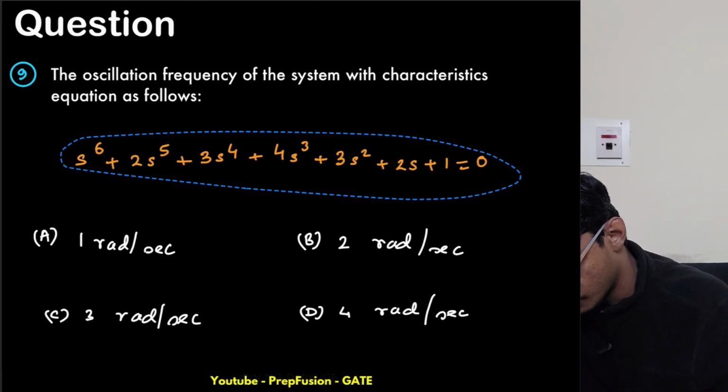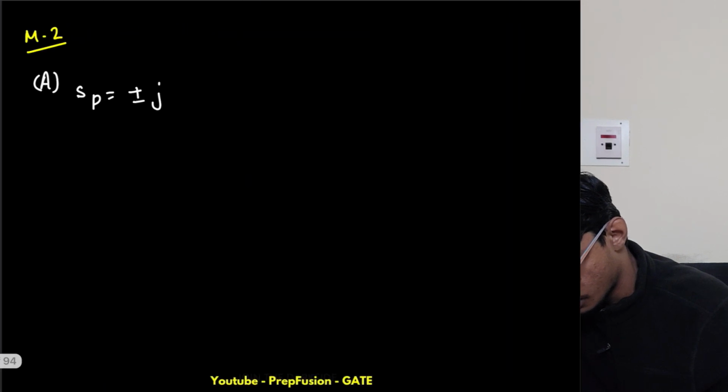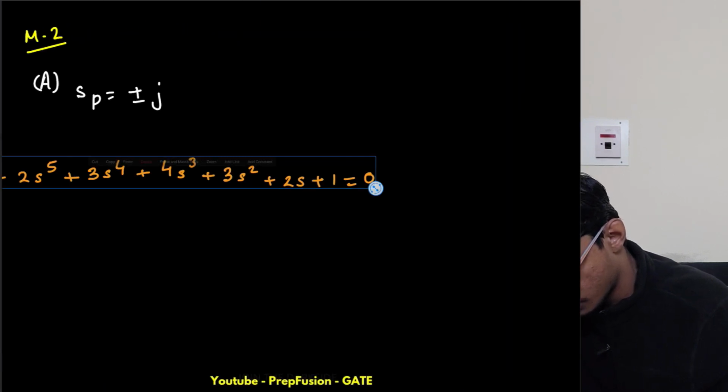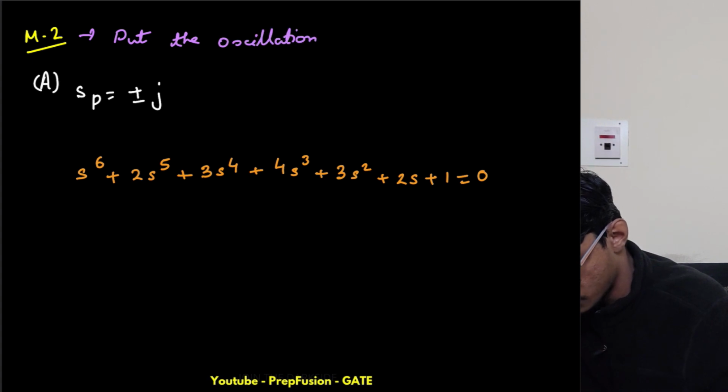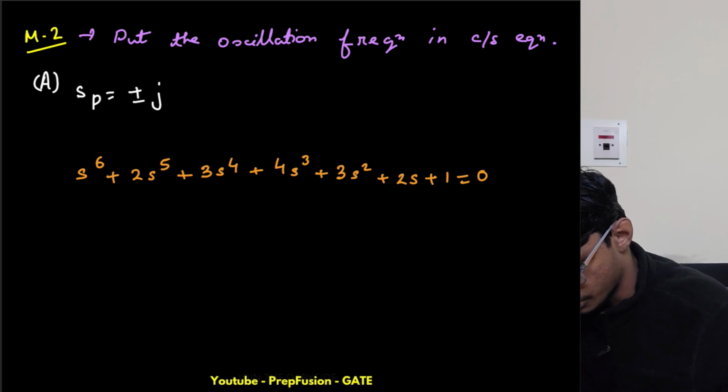Okay, put the oscillation frequency in the characteristic equation, right?